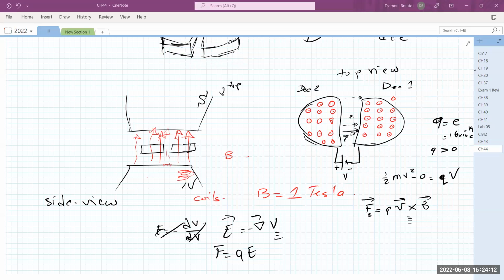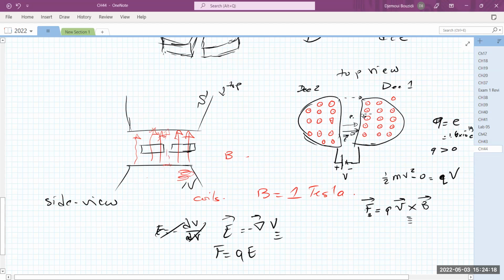So the force, according to the right-hand rule, is going to be pointing down, and the force changes the direction in such a way that this particle is now subject to a force perpendicular to the velocity. If I apply Newton's laws, this must be equal to m dv over dt, and the acceleration is perpendicular to the velocity, and that is circular motion.